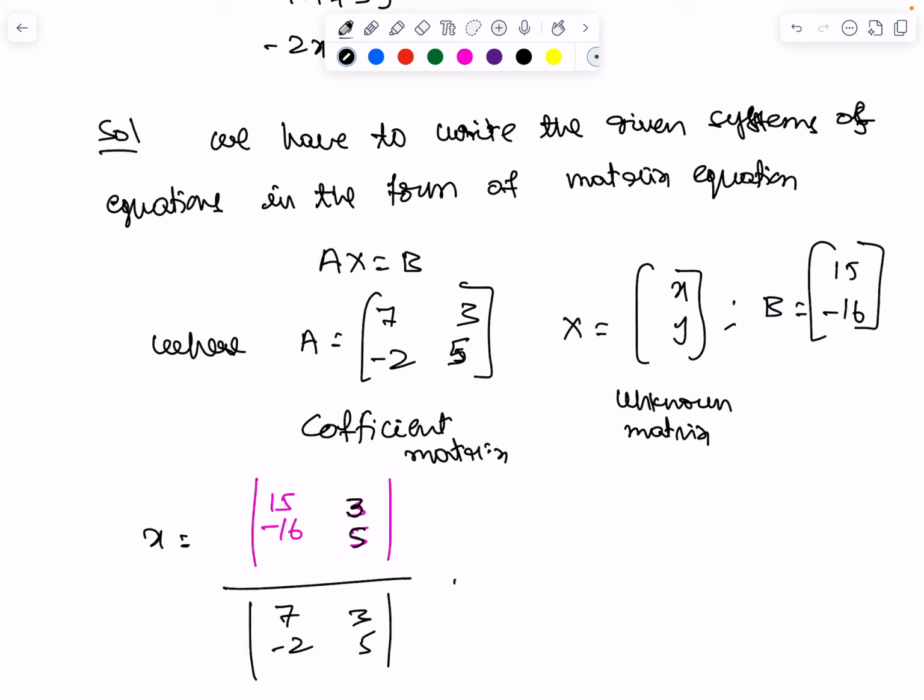So this is equal to 75 plus 48 divided by 35 plus 6. That is equal to 123 divided by 41. Therefore, this is equal to 3.